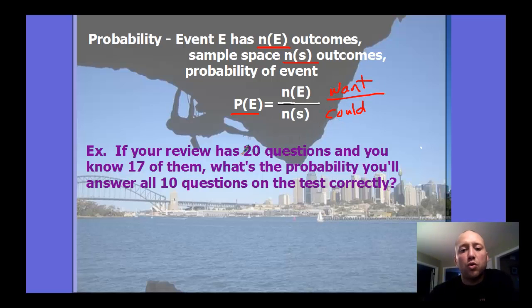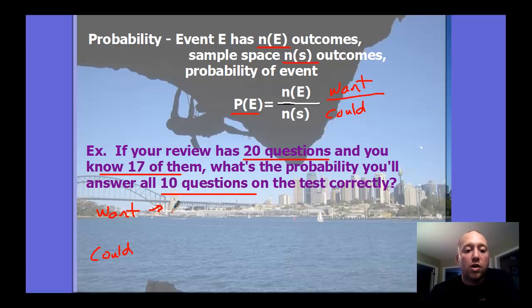If you had a review that had 20 questions on the review and you know 17 of them, what's the probability you'll answer 10 questions on the test correctly if, like your professor said, he's going to choose 10 from the 20 on the test? So if you know that of these 20 questions, 10 of them are going to be on the test, and you're able to study and know 17 of them, what's the probability you get all 10 right? So again, what do you want and what could happen? Two different things we need to count first. What do you want?